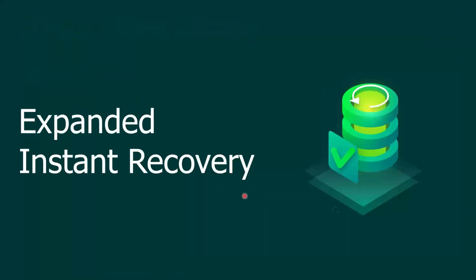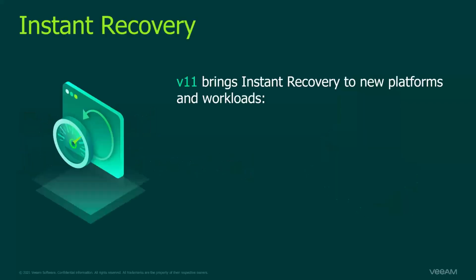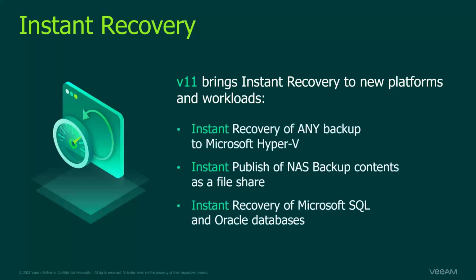Next up is expanded instant recovery. Here we actually bring not one but three new features, I'd say. First, instant recovery of any backup to Hyper-V, to enable those of you who have Hyper-V data centers to migrate customers' on-premises physical workloads and restore them, let's say, as virtual machines onto your Hyper-V data center.